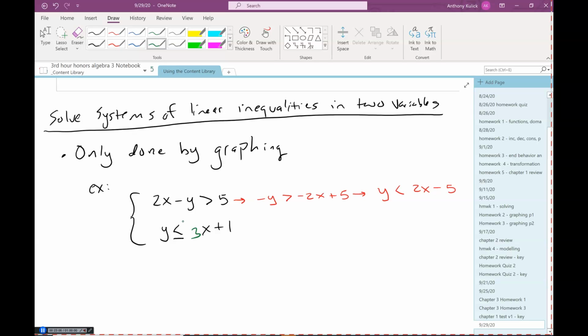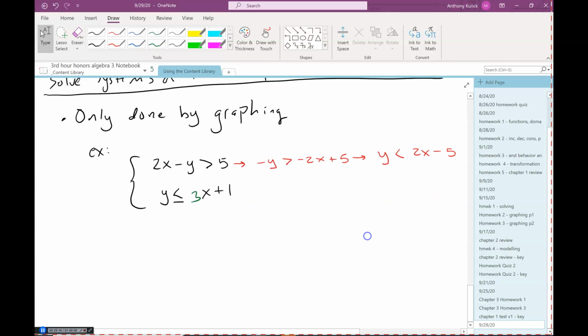So I'm going to make an xy table for y equals 2x minus 5. So that's like 0, -5, and then 2, -1. So I just picked some x's and figured out their y's, right? Did it matter what x's I picked? Not at all. Any x's are fine.